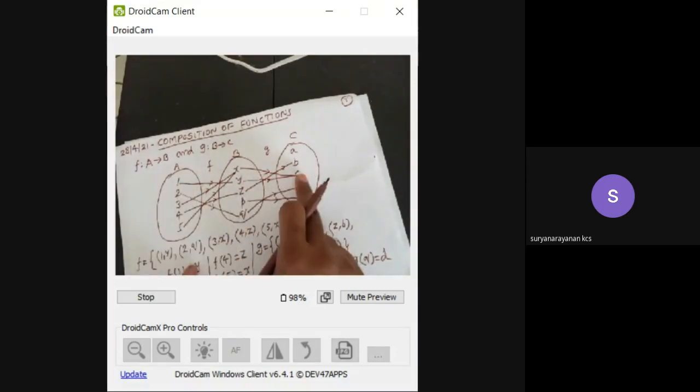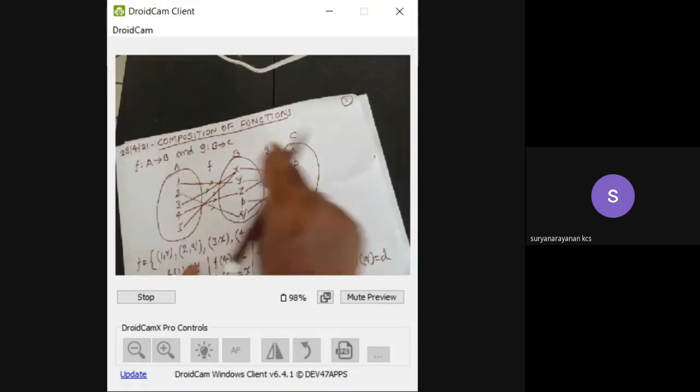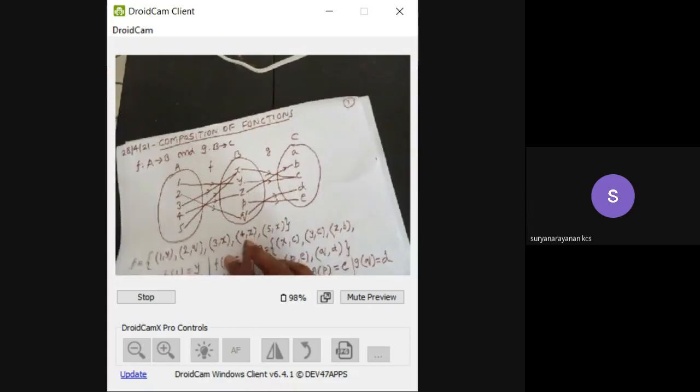C is the image of 1 under the function G circle f.